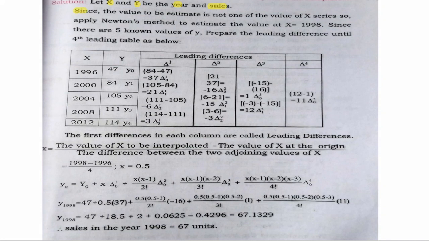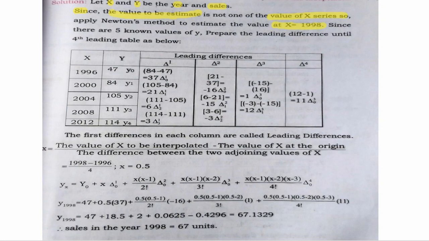Since the value to be estimated is not one of the values of the X series, apply Newton's method to estimate the value at X equal to 1998, because they have asked to estimate the value for the year 1998.